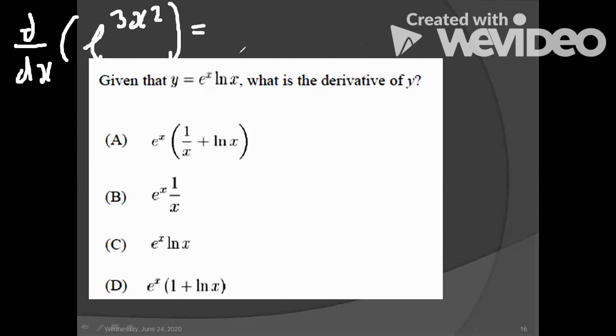How do we differentiate that? You differentiate the exponent. If you differentiate the exponent, that gives us 6x, and we write the 6x as a base. Next, we write back the original expression, so 6x e to the 3x squared. That's your answer.